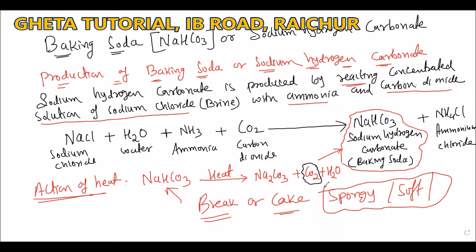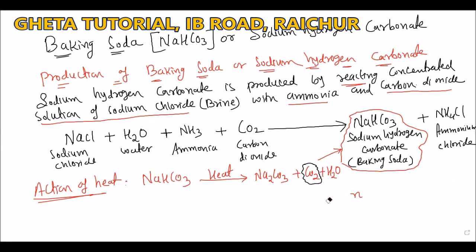The carbon dioxide makes the bread and cake spongy and soft when we heat sodium hydrogen carbonate. Please remember this: the bread and cake you eat are spongy and soft because of the production of carbon dioxide. Carbon dioxide makes the bread fluffy, spongy and soft, not the sodium hydrogen carbonate.